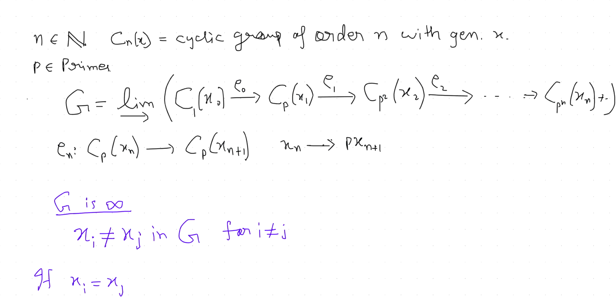So if you can find a group H, and a map from this system to H such that xi and xj go to distinct things, such that phi of xi is not equal to phi of xj, then we'll be done, right? Because this map phi will factor through this universal map.